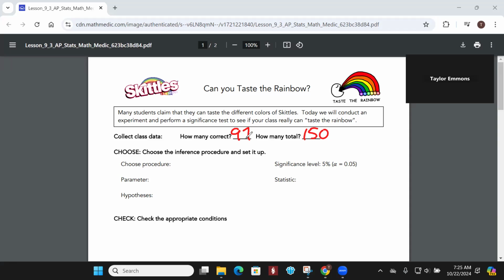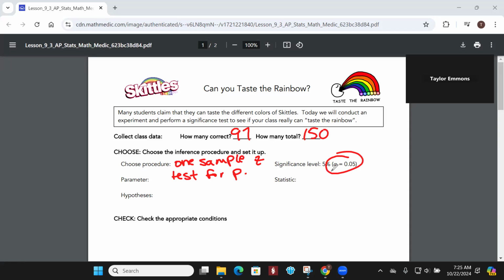But what we're going to do is choose a procedure. So that's going to be a one-sample z-test for P. Our alpha is 0.05. We started talking about this yesterday.